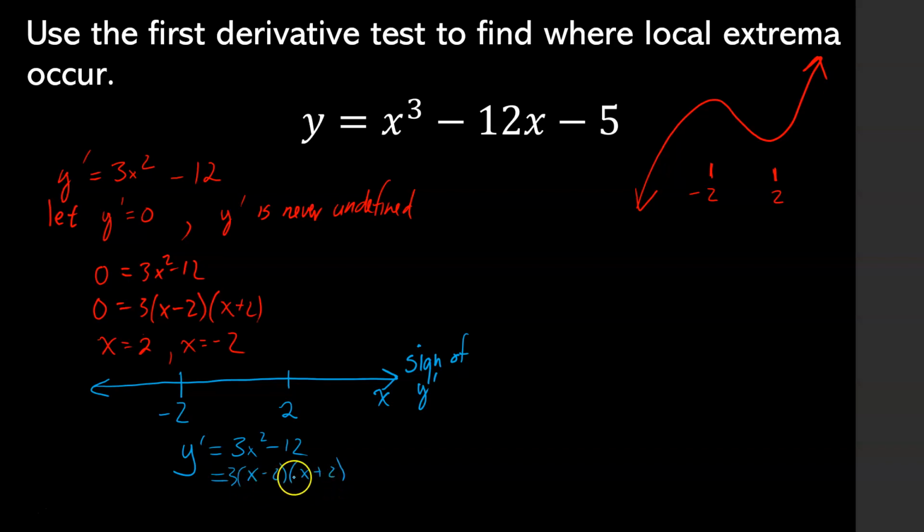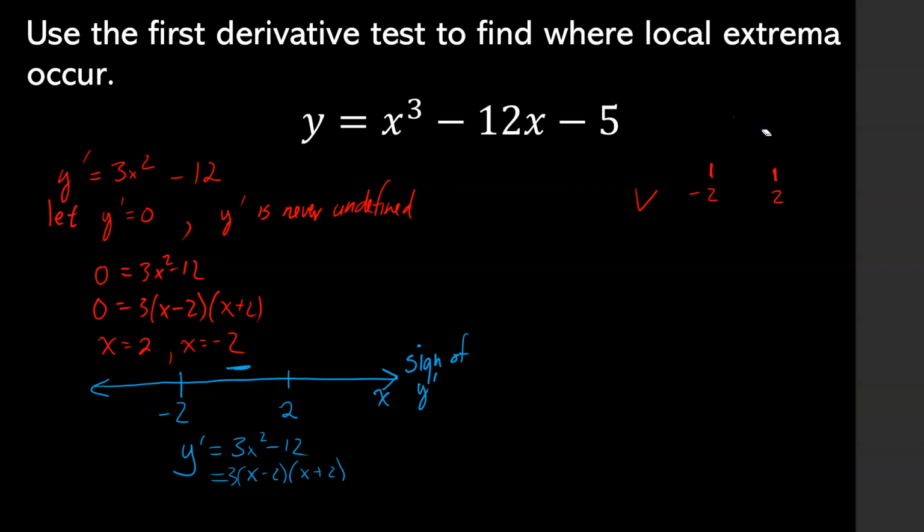So a positive times a negative times a positive is negative. We'll write a negative sign in between negative 2 and 2. You should be confident that y prime is negative all the way between negative 2 and 2, which notice on the graph over here, it does appear, like I previously said was going to happen, everywhere between negative 2 and 2, y prime is negative, or you could say y is decreasing.